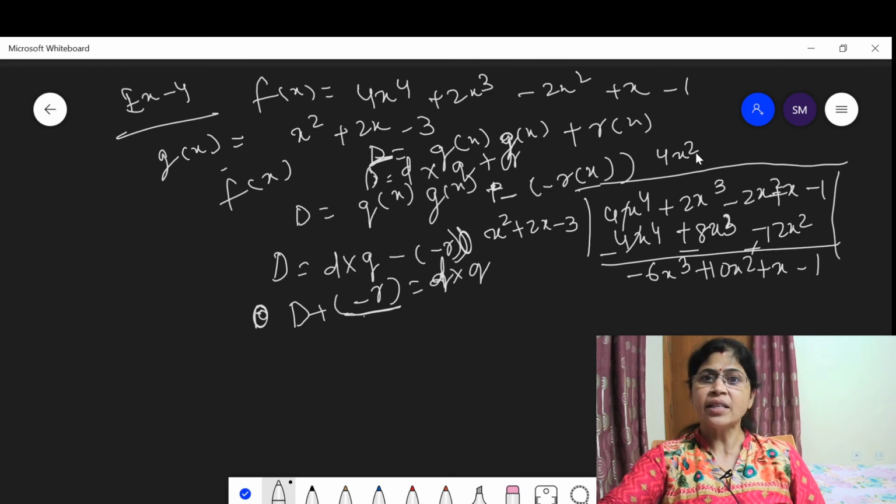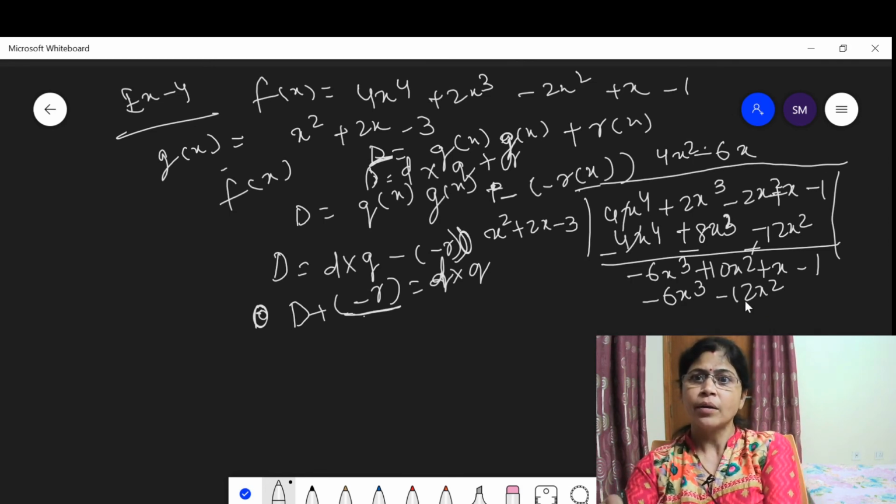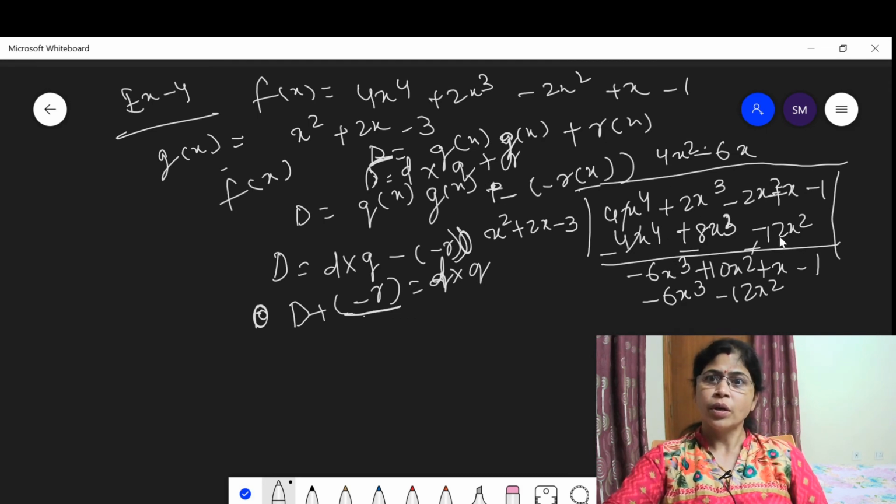Then to get this from x cube, you should multiply with minus 6x. Then this is minus 6x cube minus 12x square plus 18x.